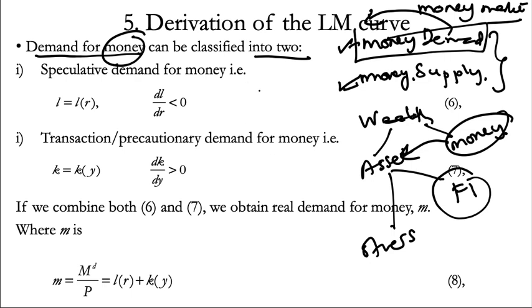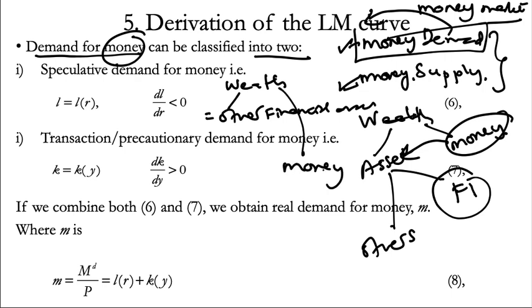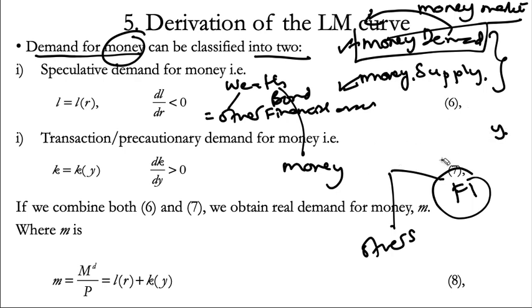Because when we talk about wealth in the form of financial assets, we have other financial assets, and then we have money. Now let's say, for simplicity, all other types of financial asset are considered as bonds. Let me erase the mess here. So what's the difference between bonds and money here?